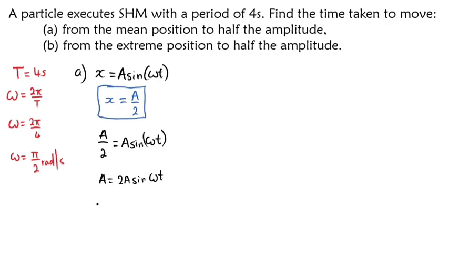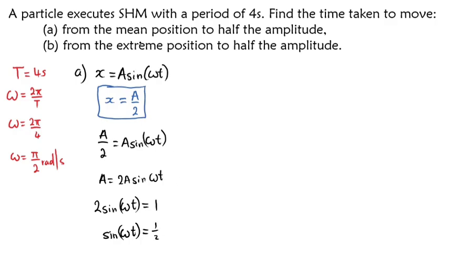I'll divide both sides by a, so that I remain with 2 sine omega t, which is equal to 1, because I divided throughout by a. Now divide both sides by 2, then I'll have sine omega t is equal to half.